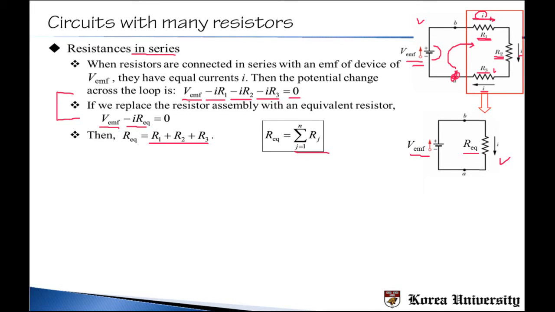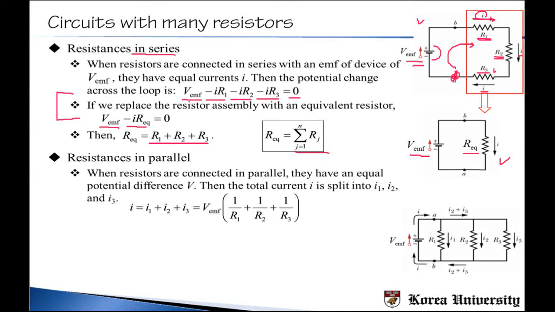If all of them are connected in series, then their equivalent resistance will simply be the linear summation of all the resistors. Okay. And then let's think about a different type of connection, which is the connection in parallel. And here what we mean by the connection in parallel is just like here. Now the resistors are not forming a single loop, but they are connected side by side. Okay. So in this case, think about the junction rule or the current law, which says that when you have a node or junction, the current coming into the node is equal to the current coming out of the node.